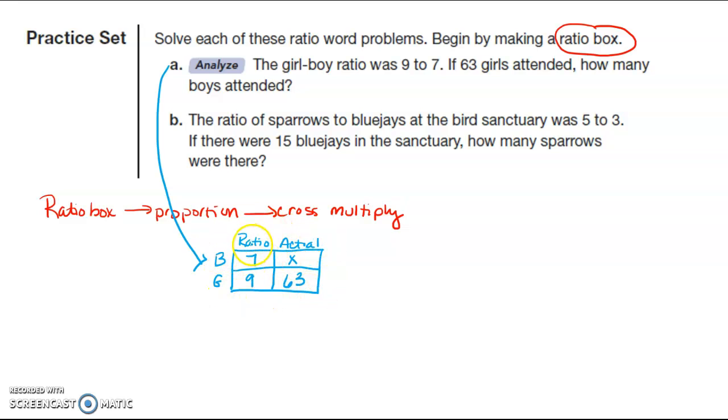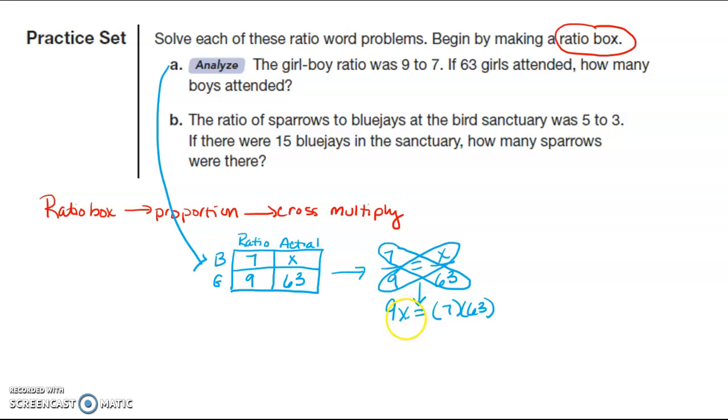So here's my ratio box. I've got my girl to boy ratio here, and this gives me my proportion. So from here, my proportion looks like this: 7/9 is equal to X over 63. And I'm trying to solve how many boys we have. Then from here, I cross multiply. So I'm going to circle 9 times X. My equals comes down, and then I'm going to multiply 7 times 63.